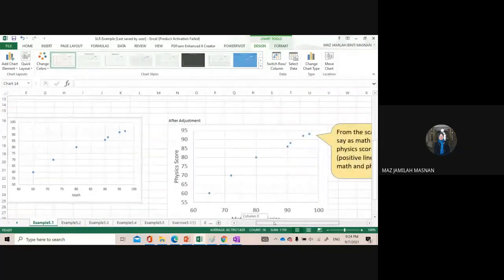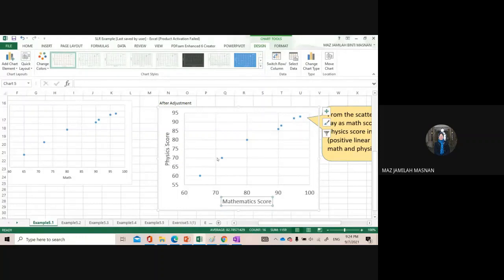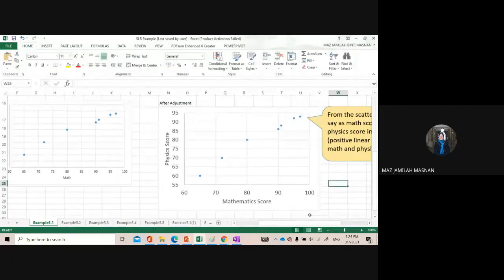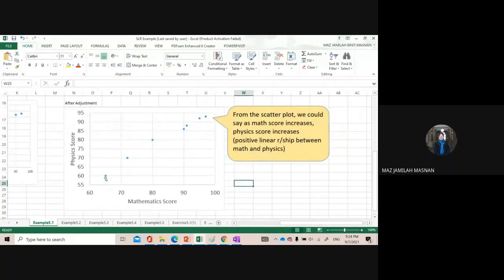You can change your scatter plot setting in terms of the font size, font type and everything. If you want a circle, you can change it to a diamond or whatever shape you wish. So what can you see from this first example? As X increases, Y also increases.